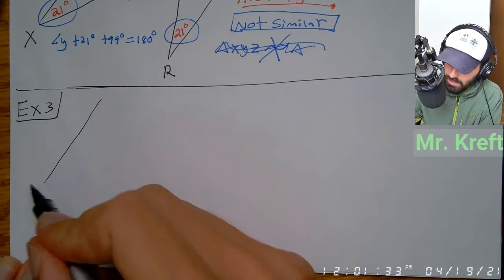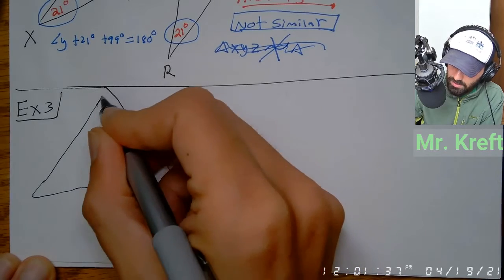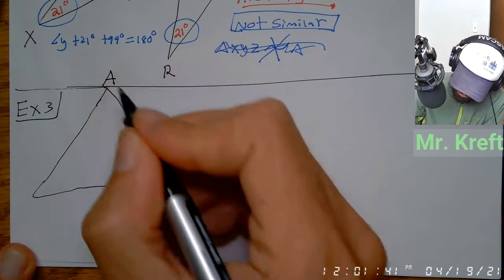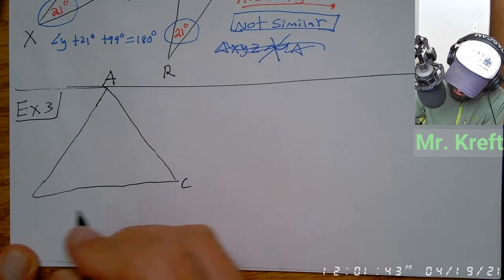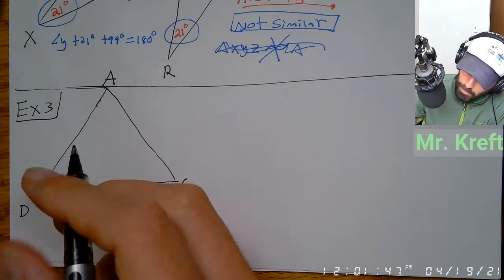So let's go ahead and draw a big triangle. But the key here, are you guys ready for this? I'm going to label this triangle ACD.